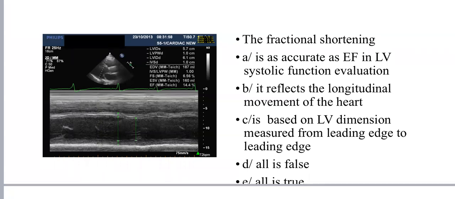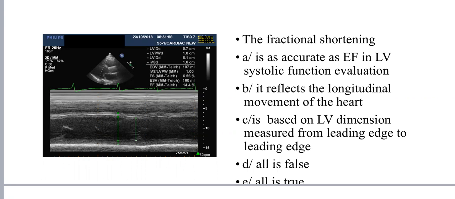But by strain, we can know another three planes of movement, only by strain, okay? So 2D and M mode just let us know about the radial movement, nothing about longitudinal, circumferential, and torsional movement.